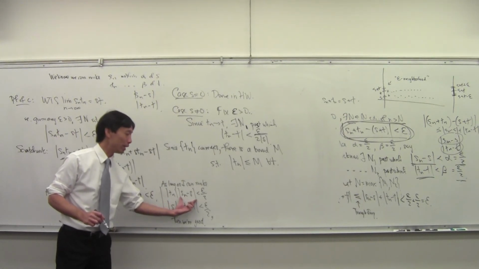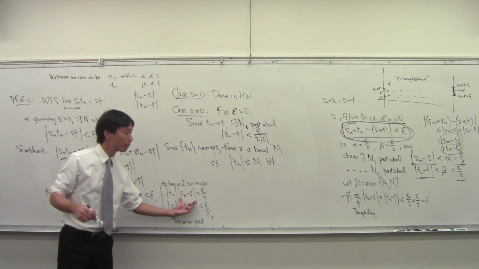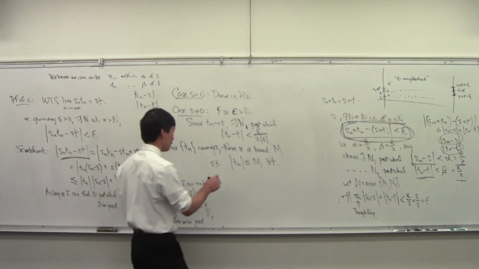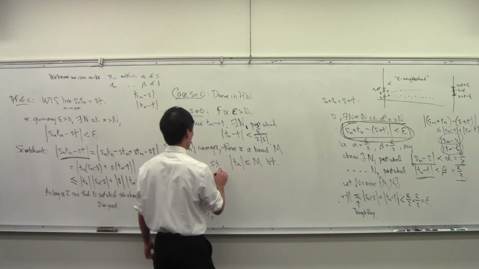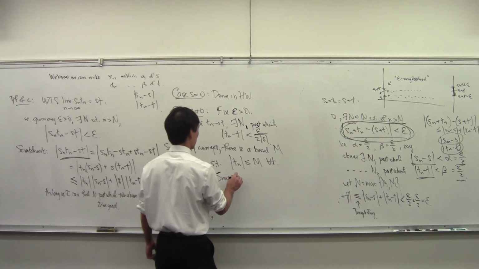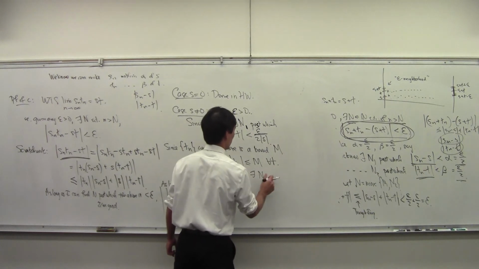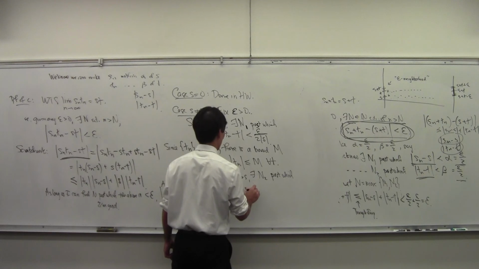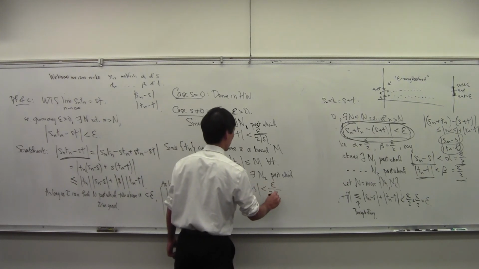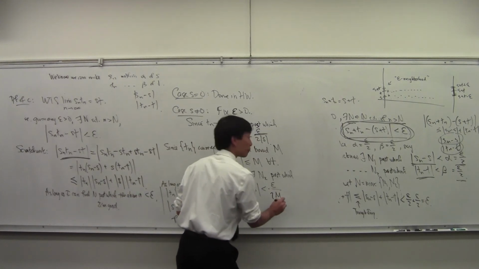So how close do I have to be here? I want the Sn's to be less than epsilon over 2M, exactly. So now we say, again, since the Sn converges to S, there exists an n2 past which Sn minus S is smaller than epsilon over 2M.